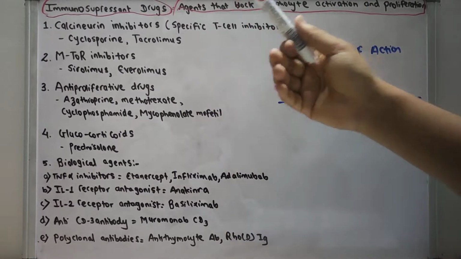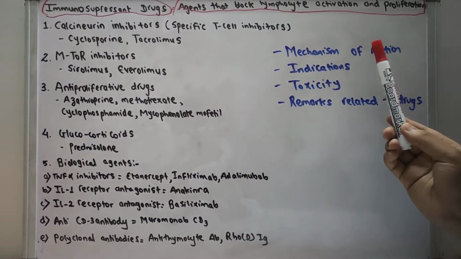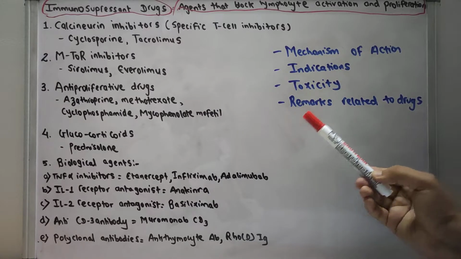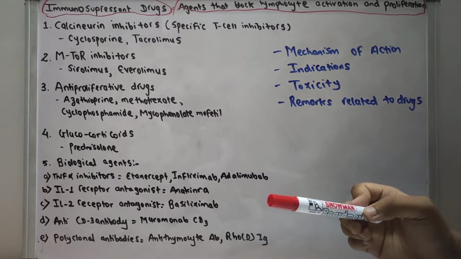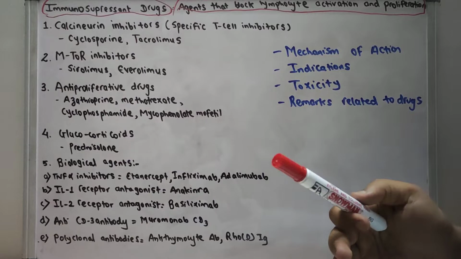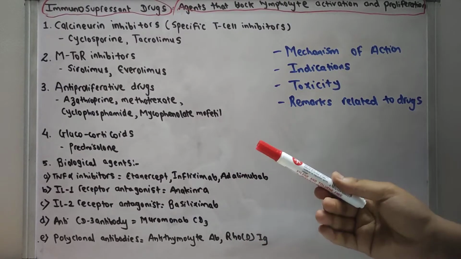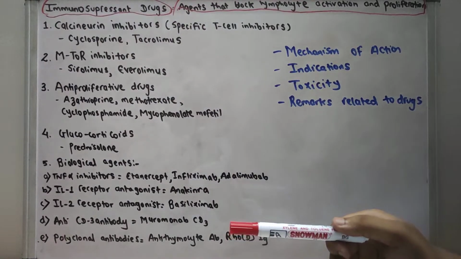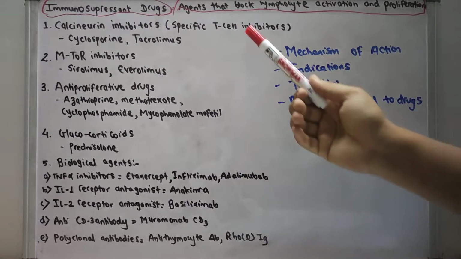We'll talk about their classification, and we'll also talk about their mechanism of action, indications, toxicity, and various remarks related to the drugs. First of all, I'll discuss in brief the classification of the immunosuppressant drugs. The first is the calcineurin inhibitors, which specifically inhibit the T cell.